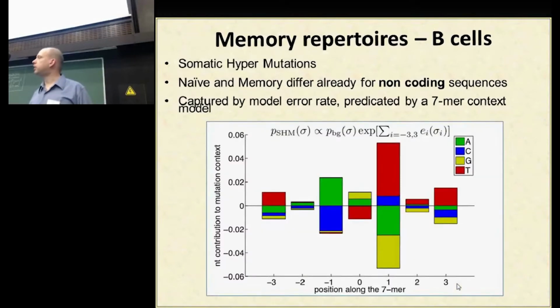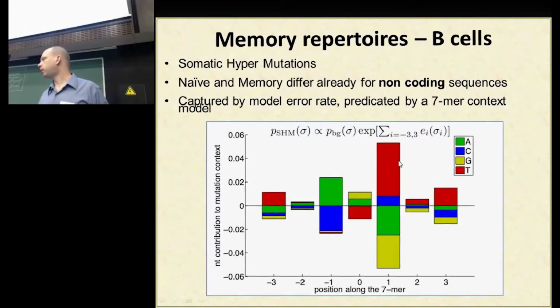And you can see the model here. So this is basically kind of an energy model, right? So the probability goes like the exponent of some factors, and you can see that it's really very much dependent on the entire context. So 0 is the place you're going to get the mutation, and you see it's very much dependent on the nucleotide right after, and also quite a bit on the one before.